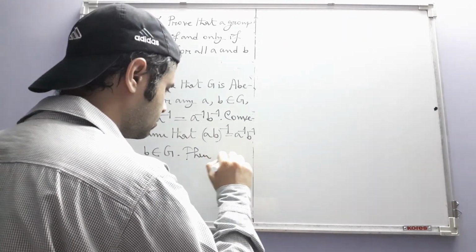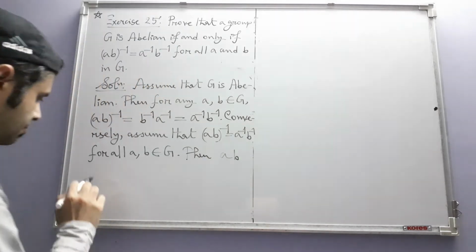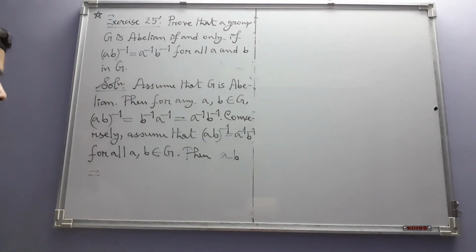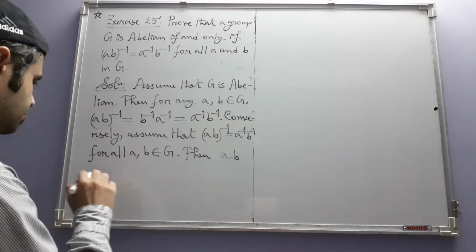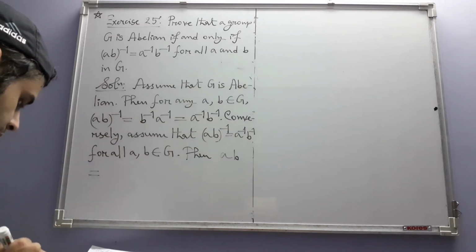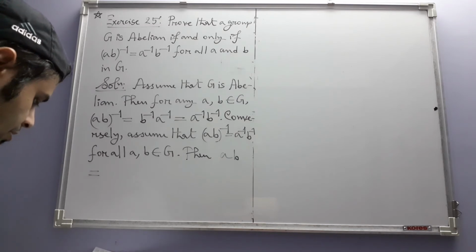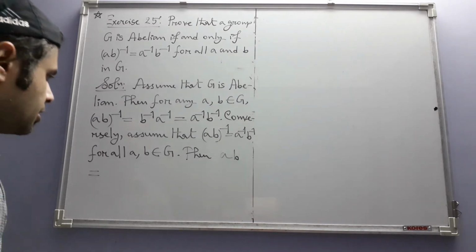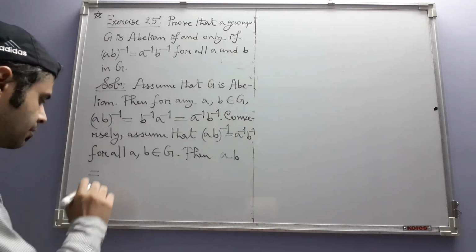Then AB can be written as, but for this I then have to use the result of exercise 26. Okay, let us use the result.